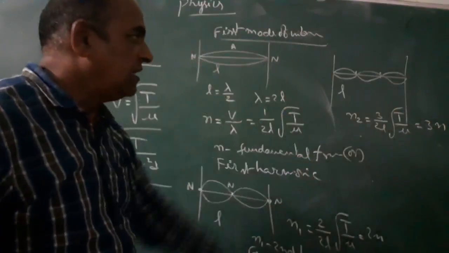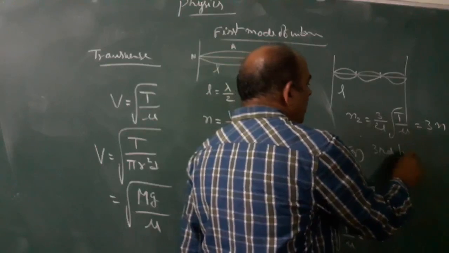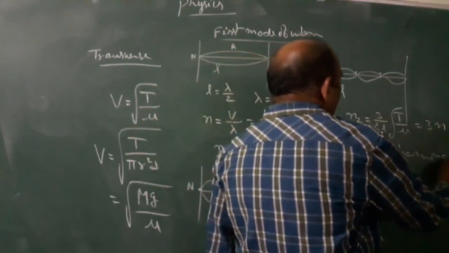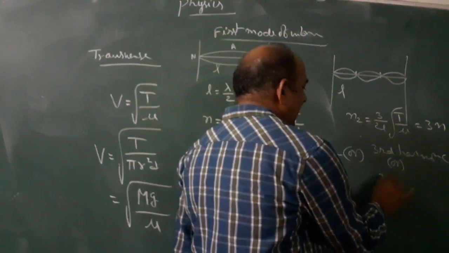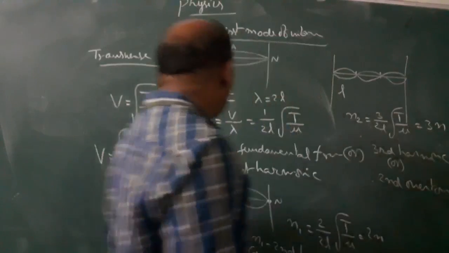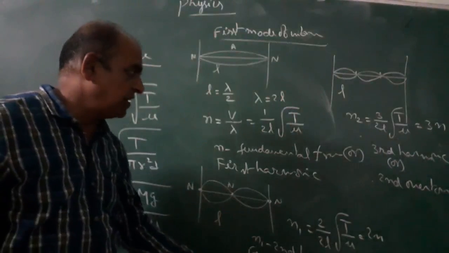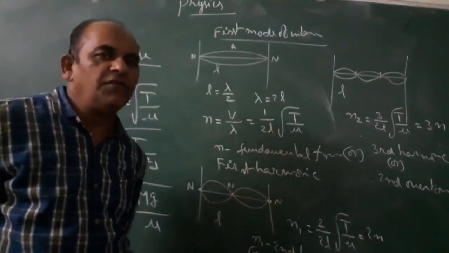And the frequency N3 is called the third harmonic or second overtone. So this is the fundamental frequency, this is the first overtone, second overtone, third overtone, like that will come.